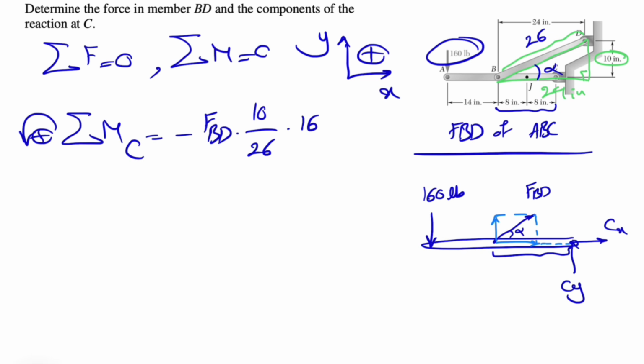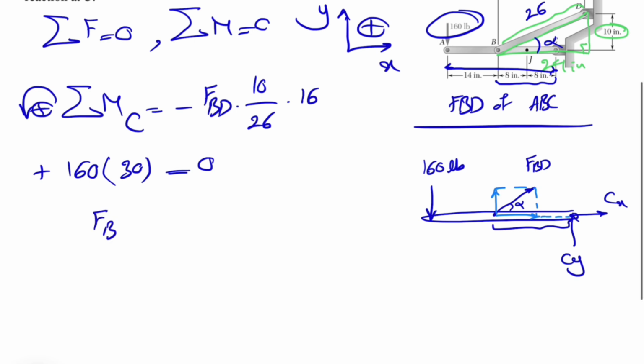So that's the moment of FBD, and the last one is the moment of 160. This is going to be counterclockwise, positive 160, and the distance would be 16 plus 14, what we have from here to here. That's going to be 30, equals 0, and we can find our FBD from this, which is the first unknown that we can figure out.